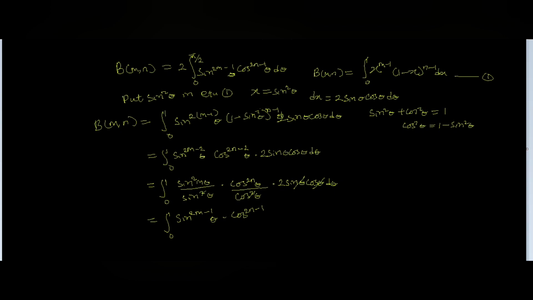You have 2 remaining here, so you can put this 2 outside. Then you have d theta. So this is what we have.